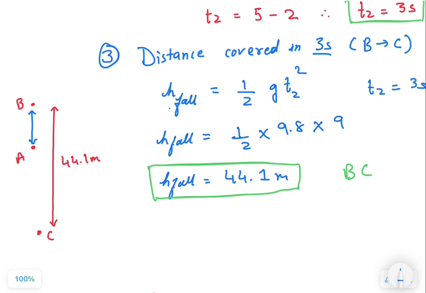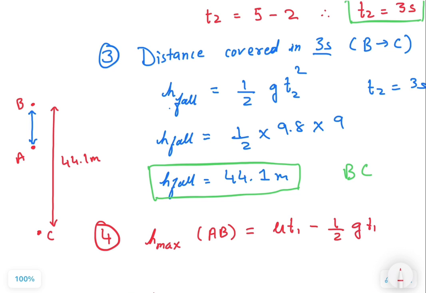So let me just find AB. This is h max, let's say h max, in bracket I'm writing AB. So h max is equal to ut1 minus half gt1 square. Now t1 was 2 seconds.